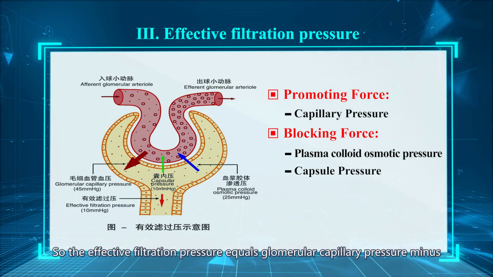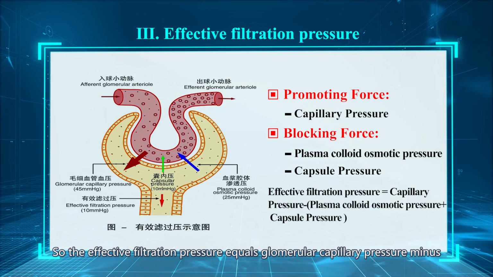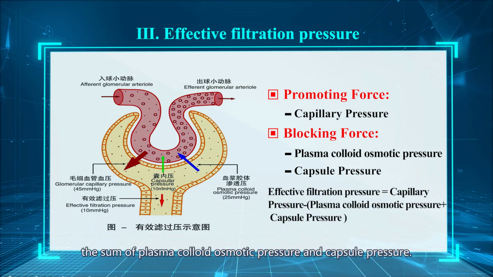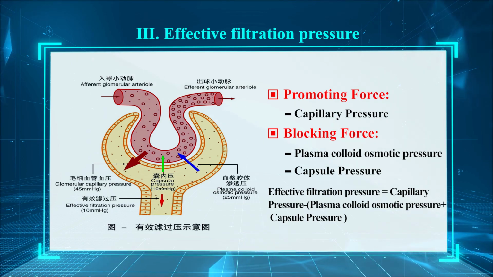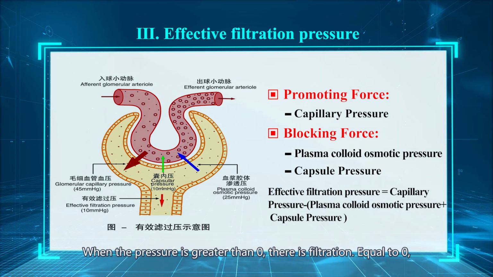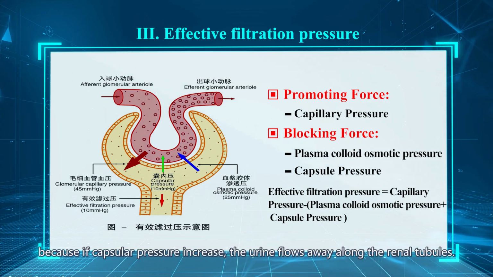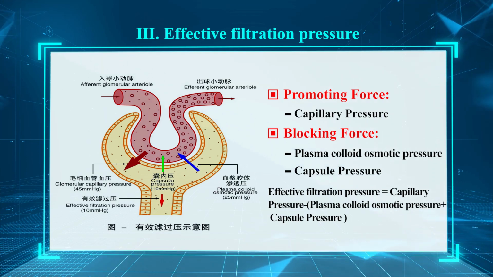So, the effective filtration pressure equals glomerular capillary pressure minus the sum of plasma colloid osmotic pressure and capsule pressure. When the pressure is greater than 0, that's filtration. Equal to 0, the filtration stops. The pressure can't be less than 0, because if capsular pressure increases, the urine flows away along the renal tubules.